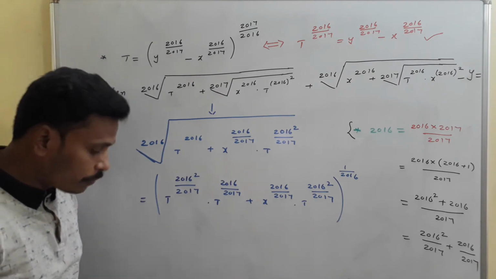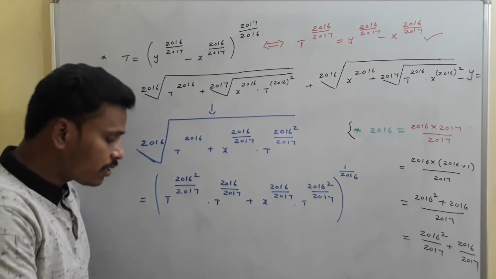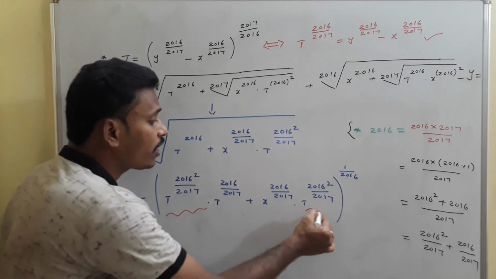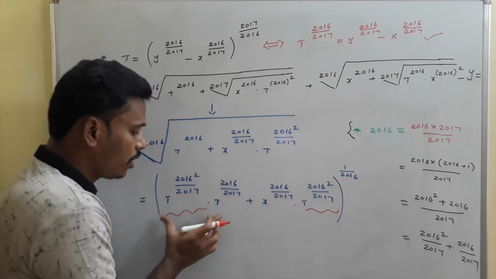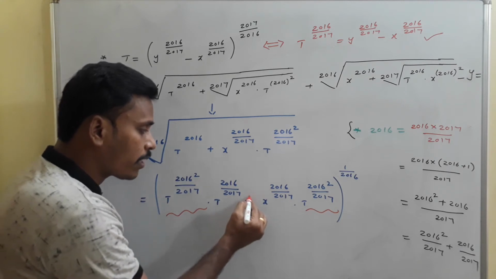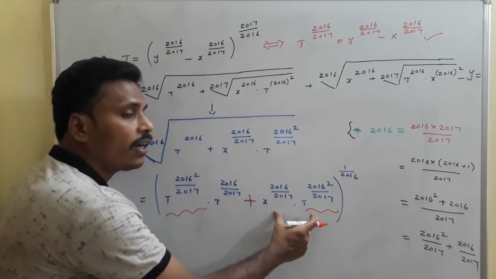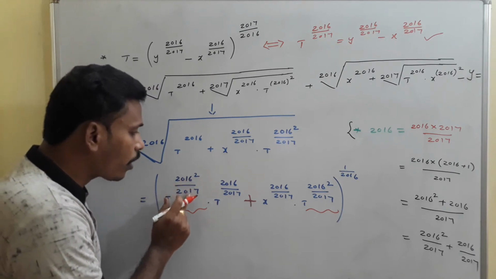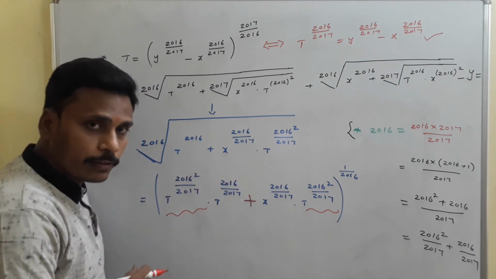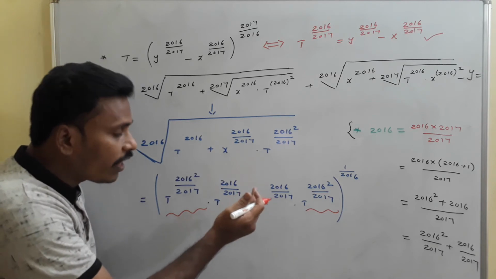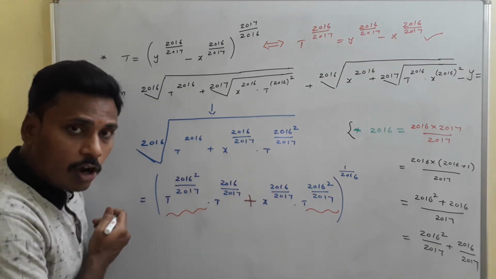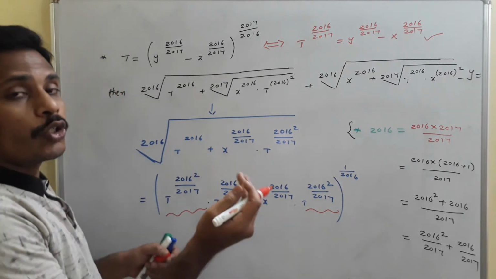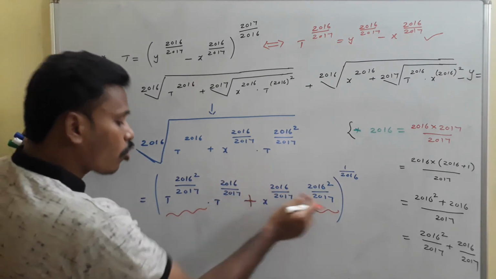And now if you observe, this t power 2016 square by 2017 is common in these two terms. This is the first term. Here we have a plus sign, right? And this is the second term. For these two terms, this t power 2016 square by 2017 is a common thing, and there is a chance to pick out that common thing. But there is a power of 1 by 2016, so you need to apply that power to this common quantity.